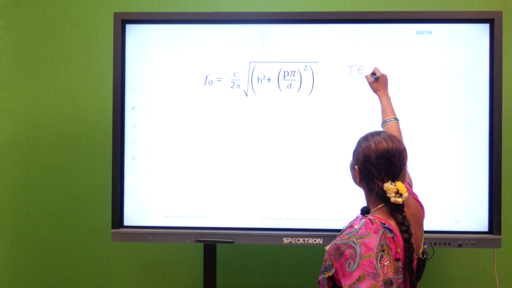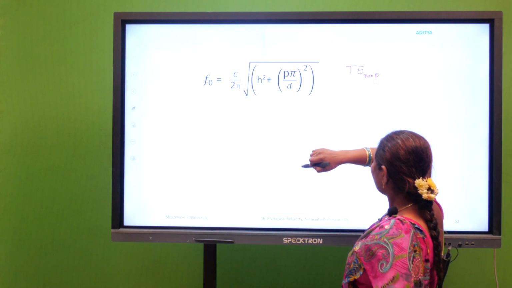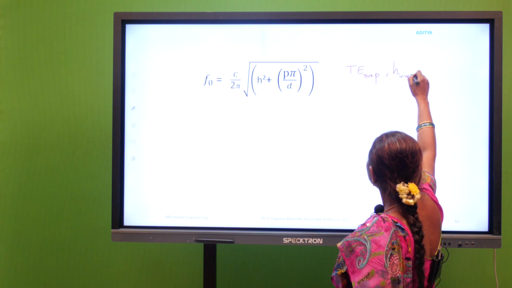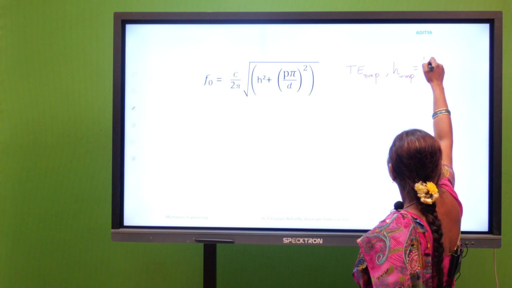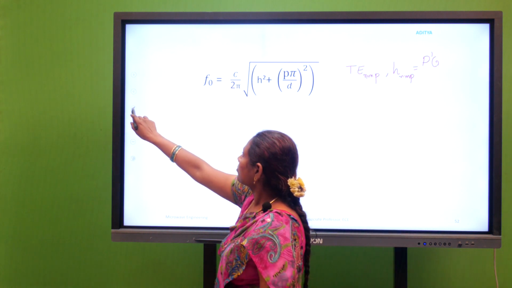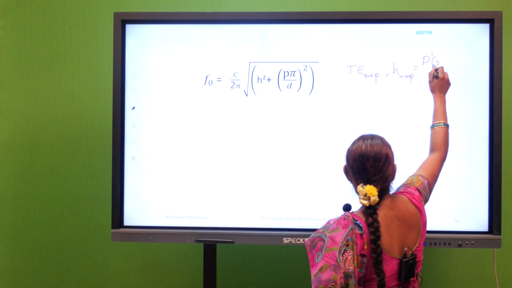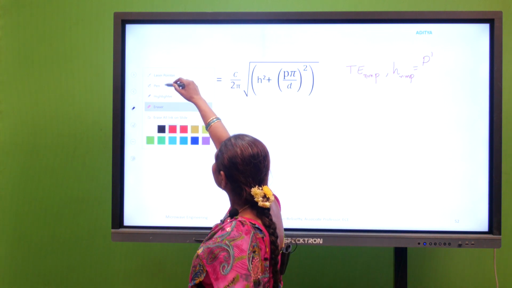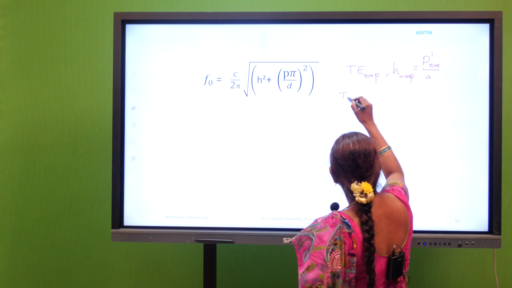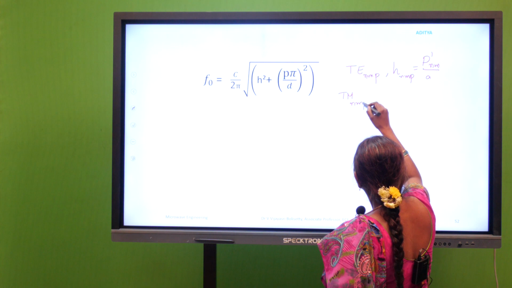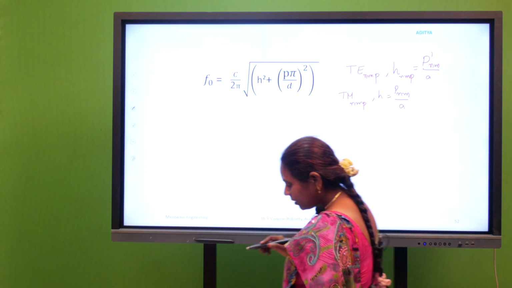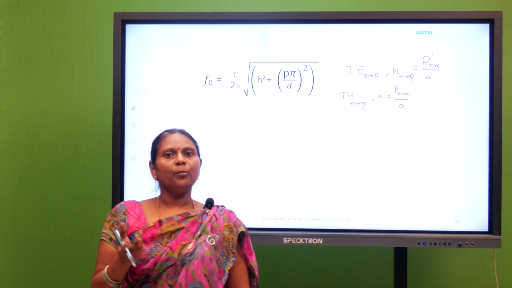the mode is defined as NMP, and for TE mode, h is also, let us write it as h_NMP equal to P dash NM by A. And if it is TM NMP, then h is equal to PNM by A. So, it is different for TE mode and TM mode.